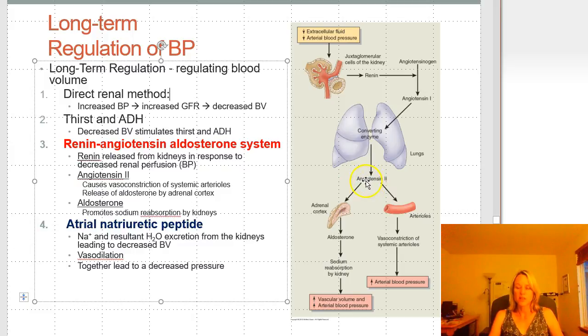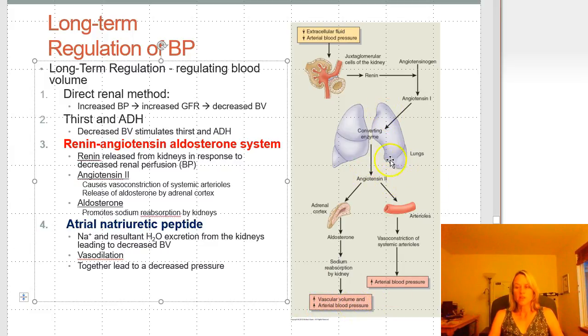Angiotensin 2 then acts on the adrenal cortex to release aldosterone. And aldosterone acts in the kidneys to increase sodium reabsorption. And as long as ADH is present, water will follow that sodium, and we'll see an increase in vascular volume and an increase in blood pressure.